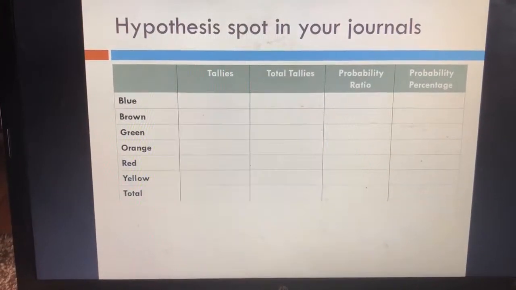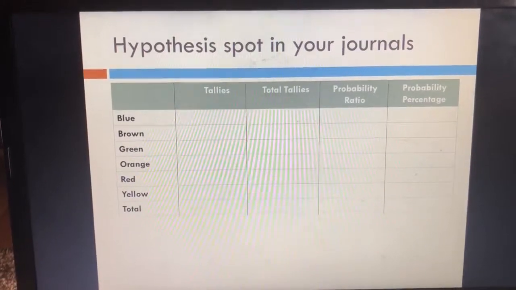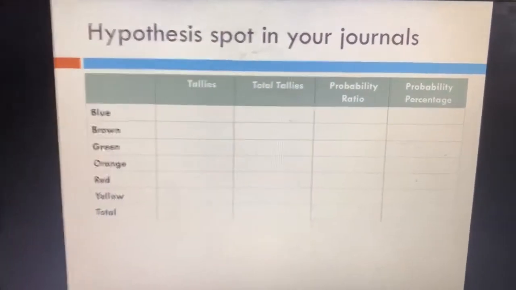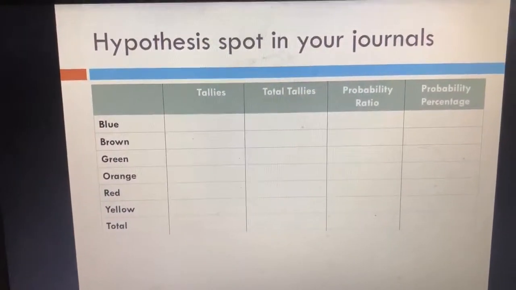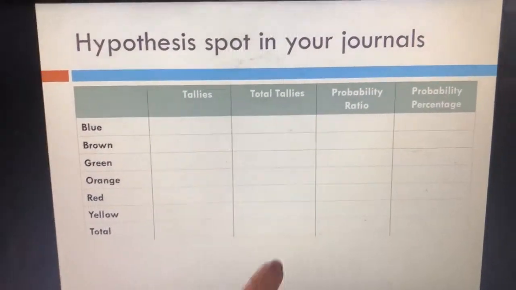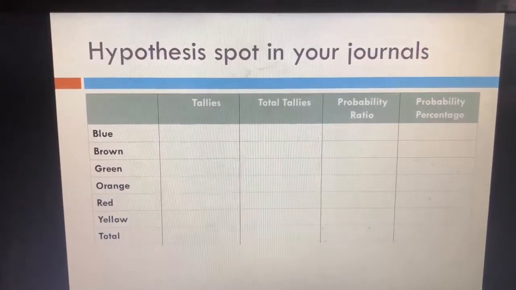So you're going to pick out how many of each color M&Ms you will have in your bag. And then the second column here, you'll put the total of how many M&Ms you think you'll have. So then you're going to add up all those totals of each color and put the total amount of M&Ms in this bottom section here.